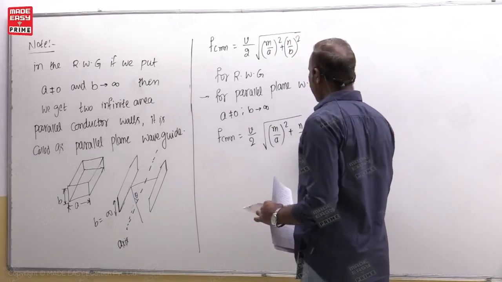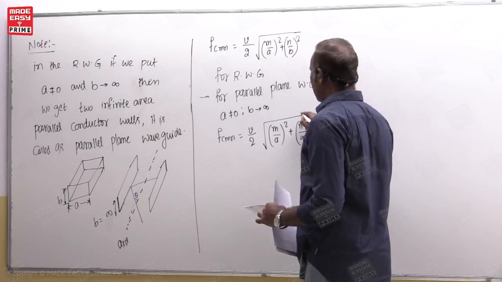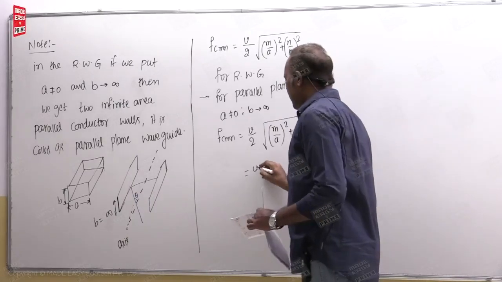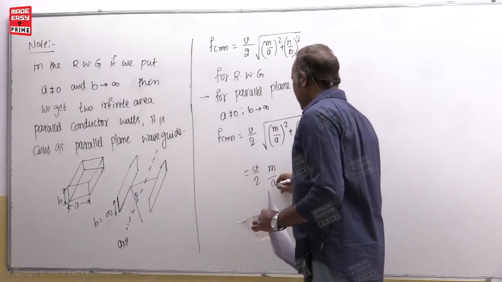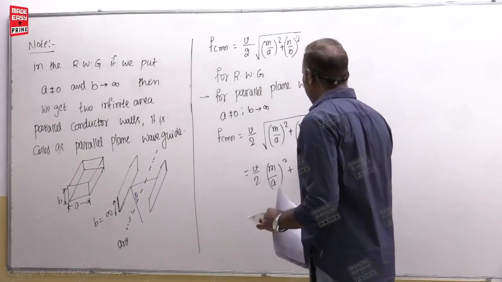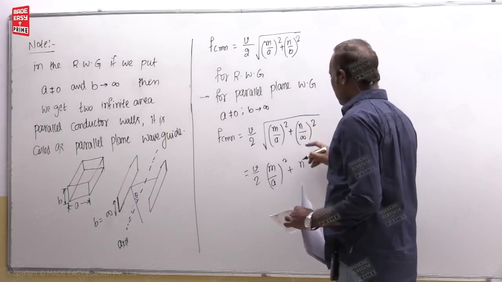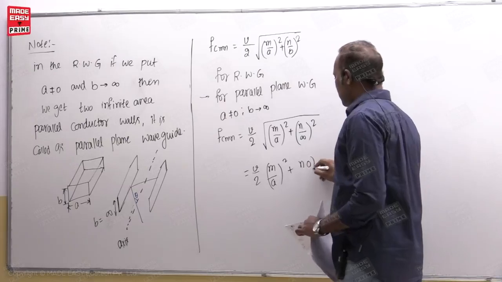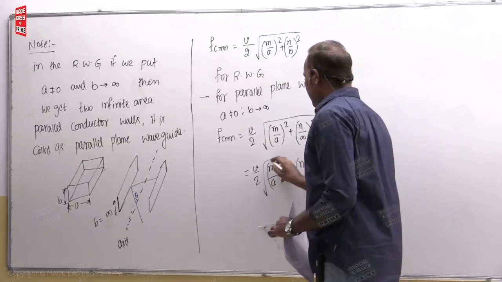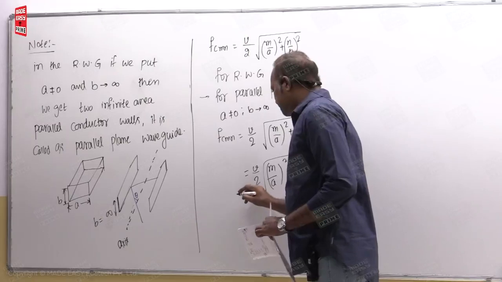So here b is infinity. That means v by 2 root of (m by a) square plus n into (1 by infinity) square. Why am I doing it like this?